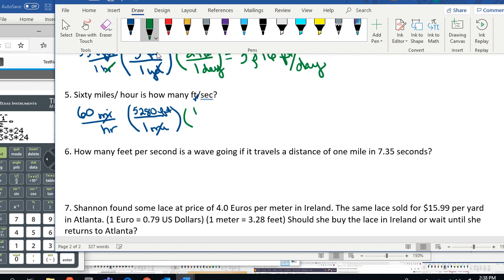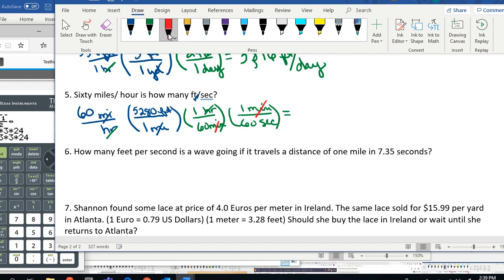So 1 hour has to go on top because this needs to cancel with that. 1 hour over 60 minutes, not seconds. And then 1 minute is 60 seconds. So that is going to cancel here.